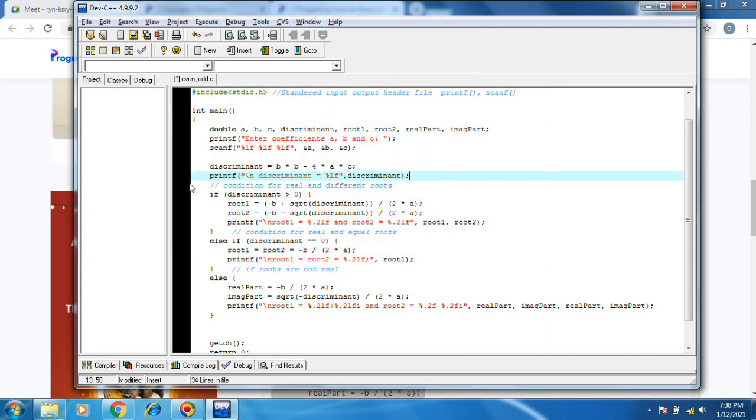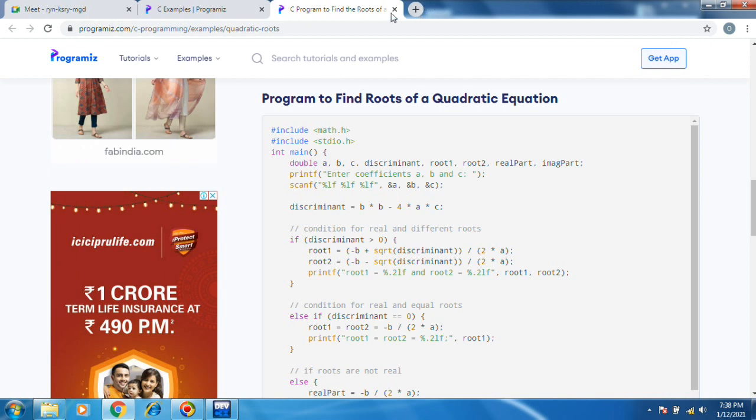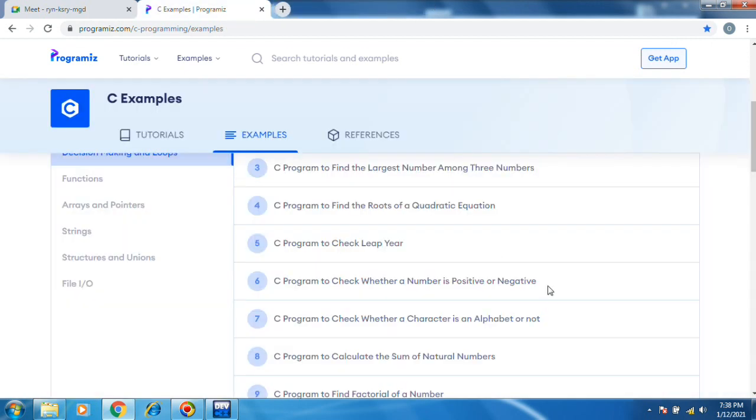Okay, ma. Let's see some other programs. Why are you stuck here? See, program to check leap year. Leap year means every 4 years we get a leap year. That should be divisible by 400. That's it, na? If any year is divisible by 400, that is a leap year.